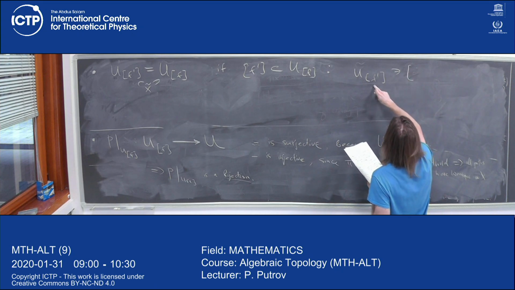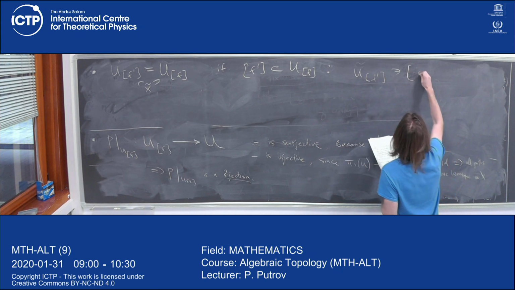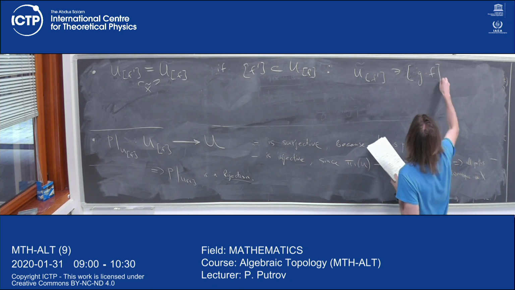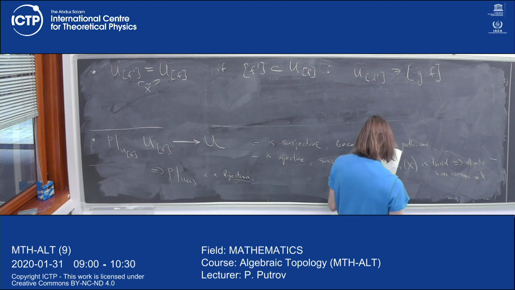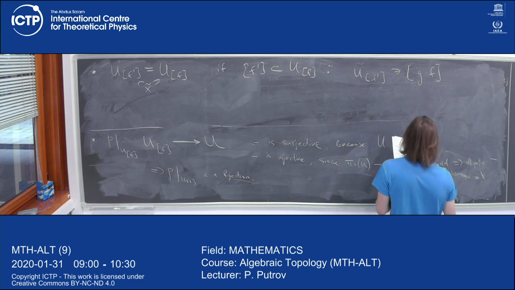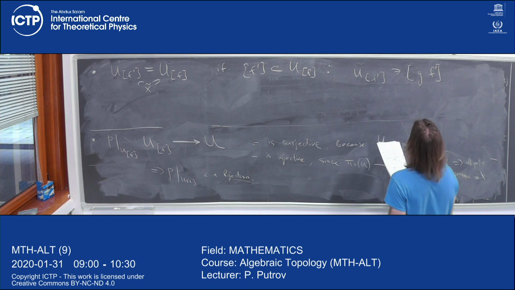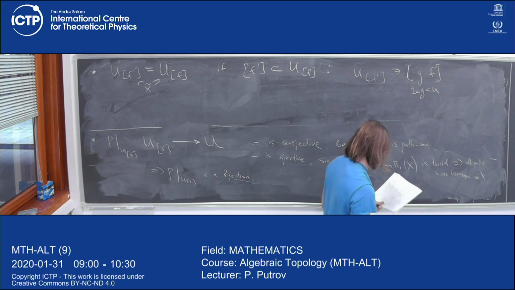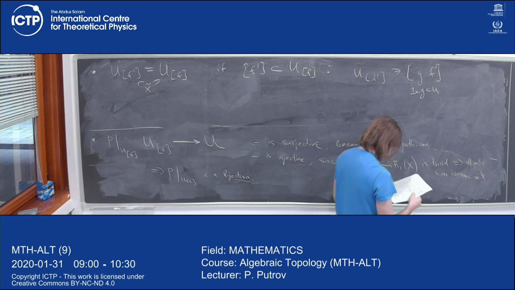So let me take some element here. This element will be, by definition of this QF, the path homotopy class of the following composition, where I require the image of G to be inside U.